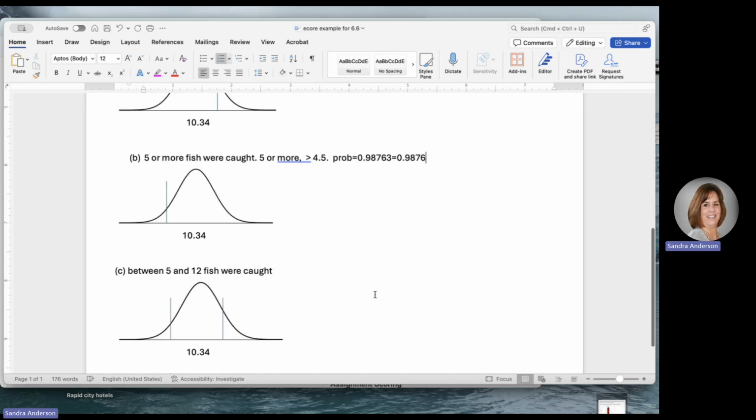Okay, and then the last question says between 5 and 12 fish were caught. Again, we need to use greater than 4.5 to encompass the 5, and we need to use the 12.5 to encompass the 12 here. So this is your 12, this is your 5. You have to be a little on the left side of the 5 to incorporate that 5, then the actual number 5, and then a little bit on the right side of 12 to incorporate the 12.5.